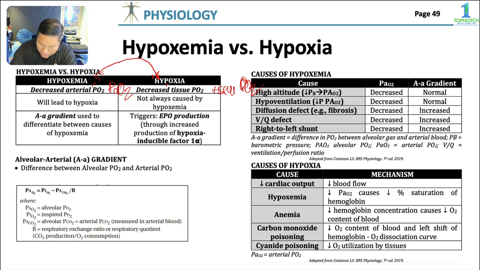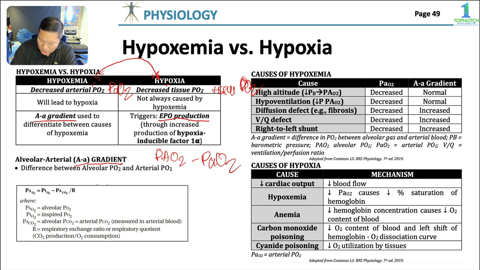Okay? So hypoxemia, the AA gradient is used to differentiate between causes of hypoxemia. Hypoxia, if you have it, okay, it will trigger EPO production, the increasing red blood cell production. So your AA gradient is A minus a, alveolar PO2 minus arterial PO2.